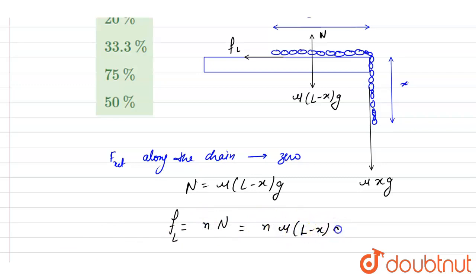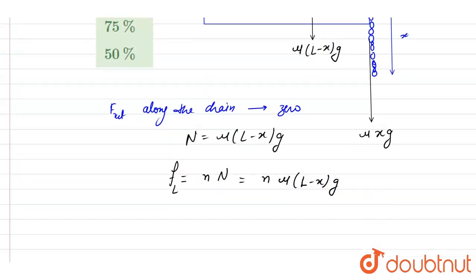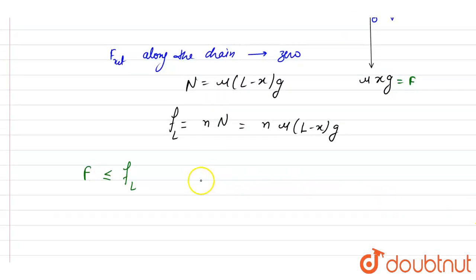So to not fall off the table, this force should be less than or equal to the limiting friction, along the chain we are seeing.